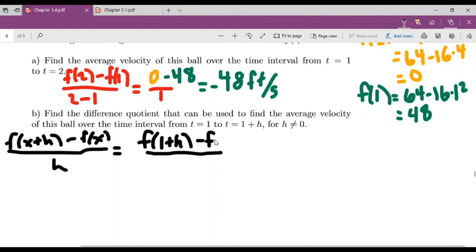I've got f of 1 because my t is 1. I can substitute in here a 48 for that. So that's what I'm going to do. So it's actually a minus 48. So it'll be minus a minus 48.